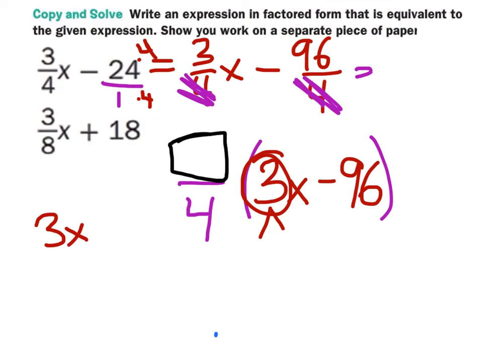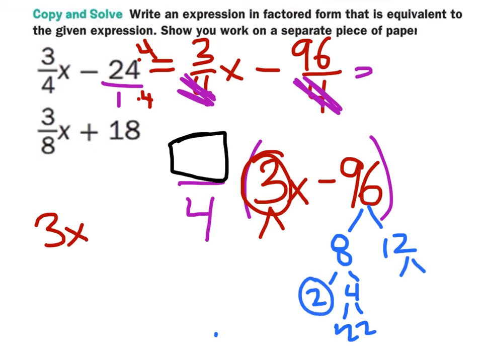And we've got 96, which would be 12 and 8. That's correct, actually. Very good. It's not the one I was thinking of initially, but that's very good. 8 and 12. 8 is 4 and 2, 2 and 2. 12 is 3 and 4, 2 and 2.